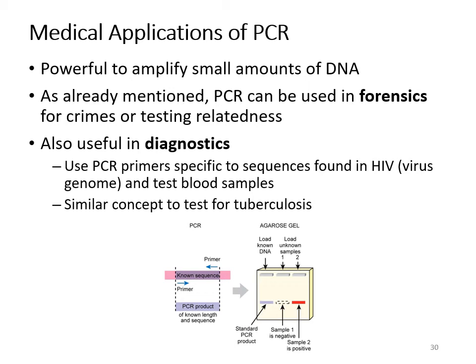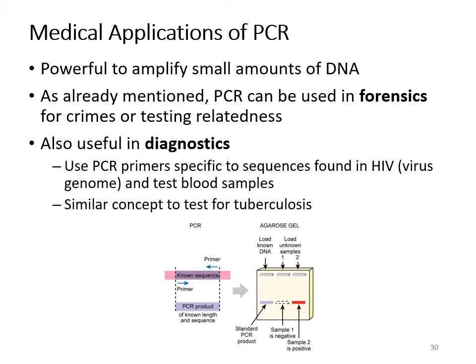For instance, you use primers that target sequences found in that virus or that bacteria, and you test your patient's blood samples or swabs or pus samples, anything like that. If this person's infected, the PCR primers will pick up the viral or pathogen genes and make copies of it. And you'll see those copies on a DNA gel, like on the bottom of this slide here. You can see bands when the amplification occurred.